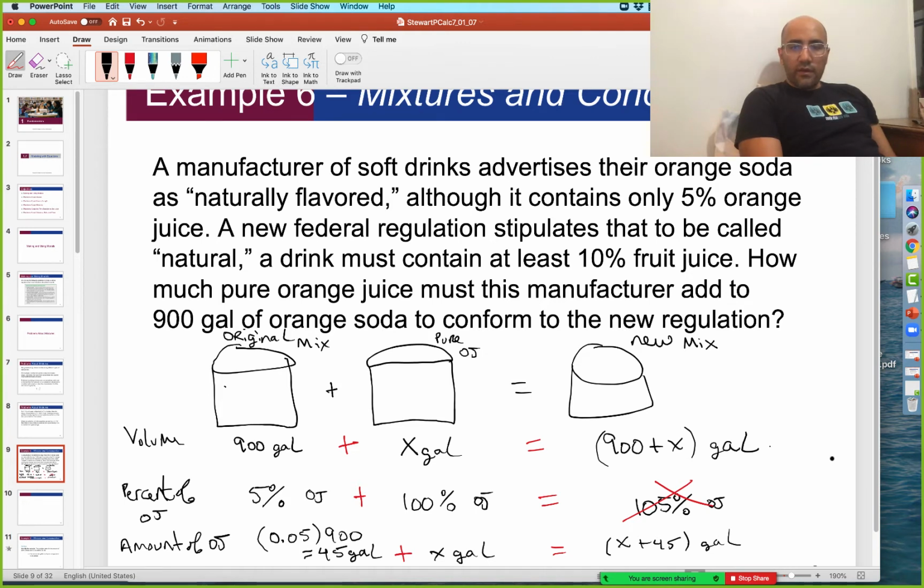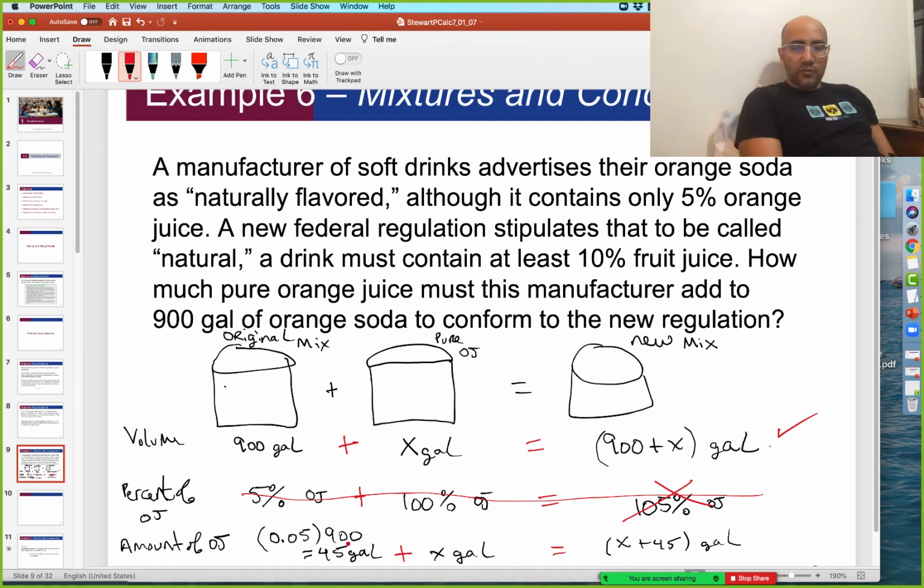Okay, so what we've arrived at is that we have two known equations, right? The middle one is invalid, so let me just make sure to cross it out some more. This whole thing is not true, but this one is true, that 900 gallons plus X gallons should be equal to 900 plus X gallons, the total volume.